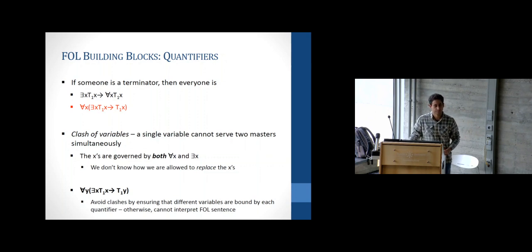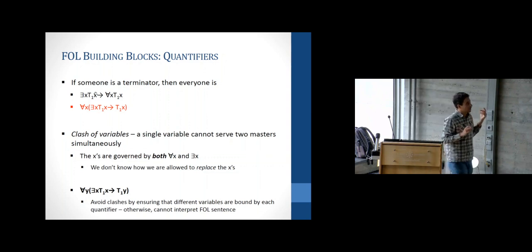So, if we follow this rule, would we also have to change it in the first example on the slide? Yeah, that's a very good point. We don't have to because the x here is directly connected to here, and the x here is directly connected to here. So there is no problem. Remember, we had this issue about the scope of a negation, like how far the negation goes? We also have it for the scope of variables.